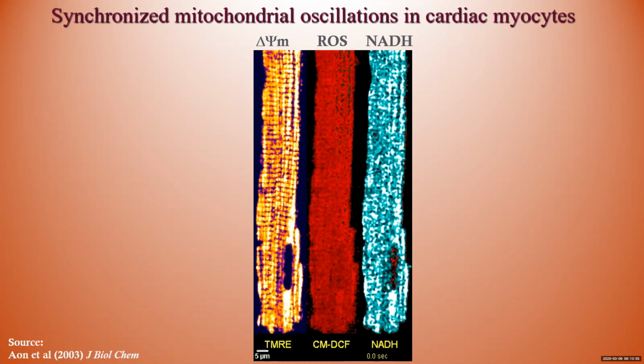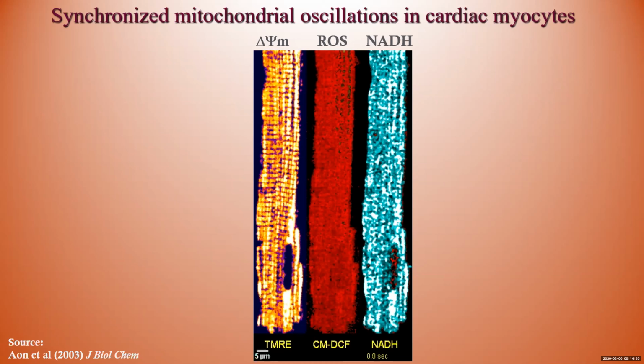We see here a cardiomyocyte in which we will monitor simultaneously 3 signals, 2 corresponding to fluorescent sensors loaded in the cells, and the third one, NADH, an endogenous chemical from the cell. The bright yellow spots that you see here are mitochondria, and when they are yellow it means they have high membrane potential, which is needed for effective function.